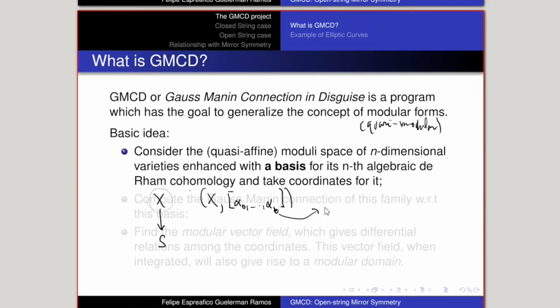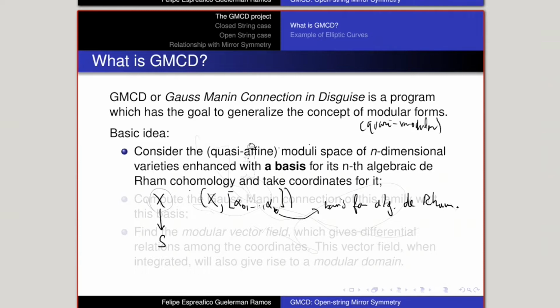After this, we can consider the moduli space of these pairs, and this is going to be a quasi-affine space, at least in the examples we considered.